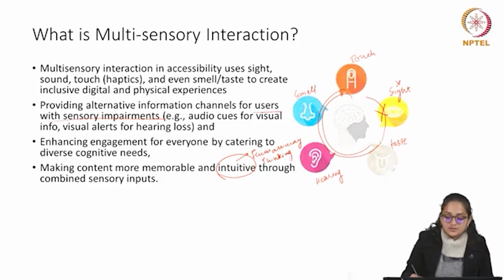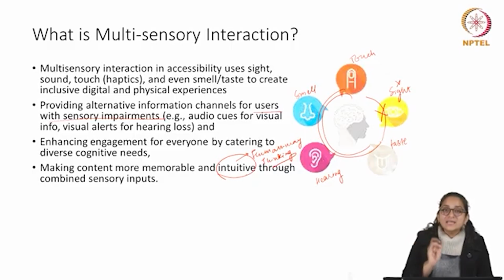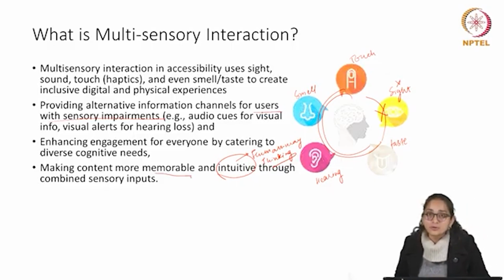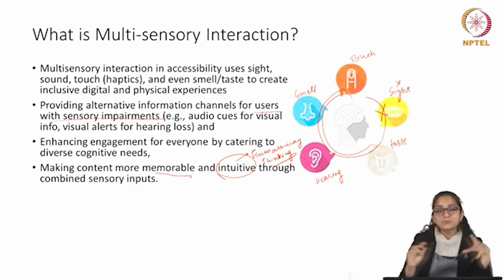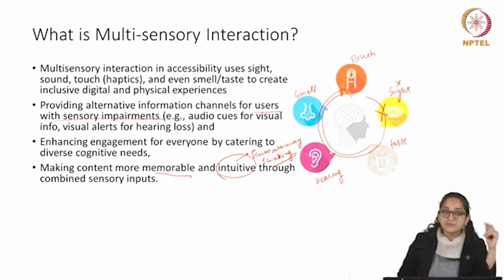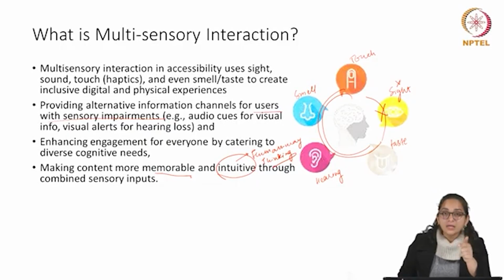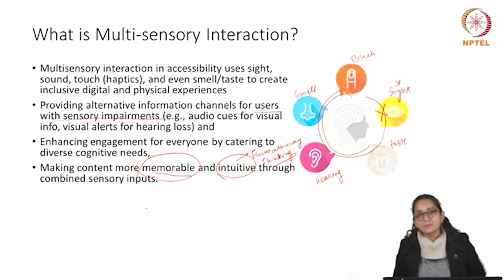So anything that is intuitive, that means literally that it is tailored to a more human thought process, and thus it makes everything a little bit more memorable also, because you are gathering information from multiple channels, and if at all there was an attention deficit in one of the channels, there is a better chance that your brain may have registered it through another channel. That makes multimodal information more memorable as well.